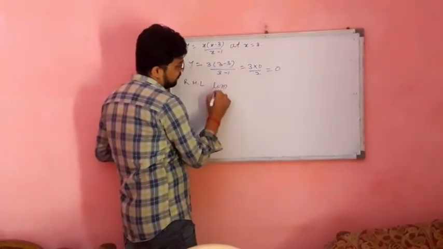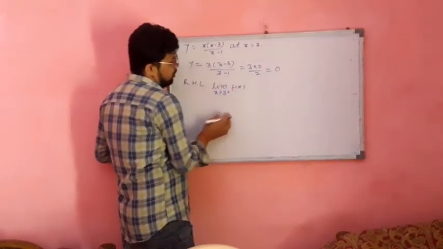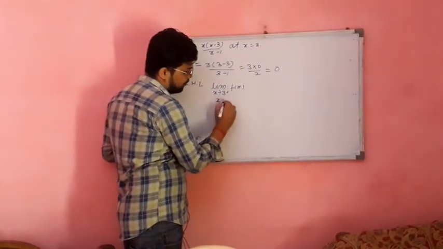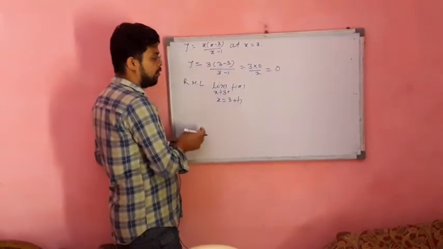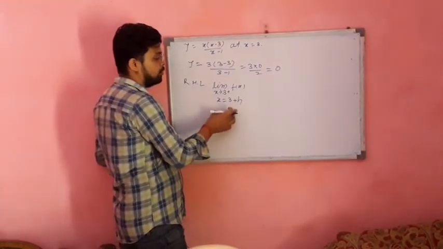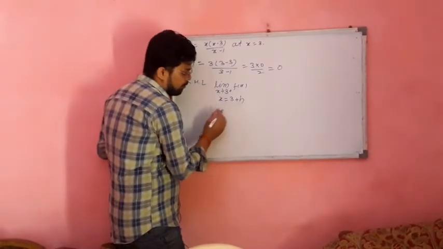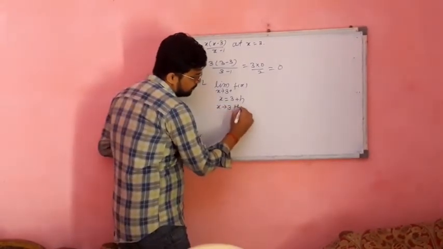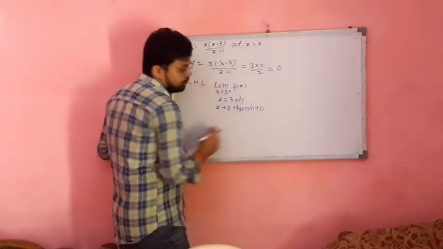Limit x tends to 3 positive f of x. Before finding the RHL, I will take x is equal to 3 plus h. Students, see it carefully. If x tends to 3 here, then h tends to 0.